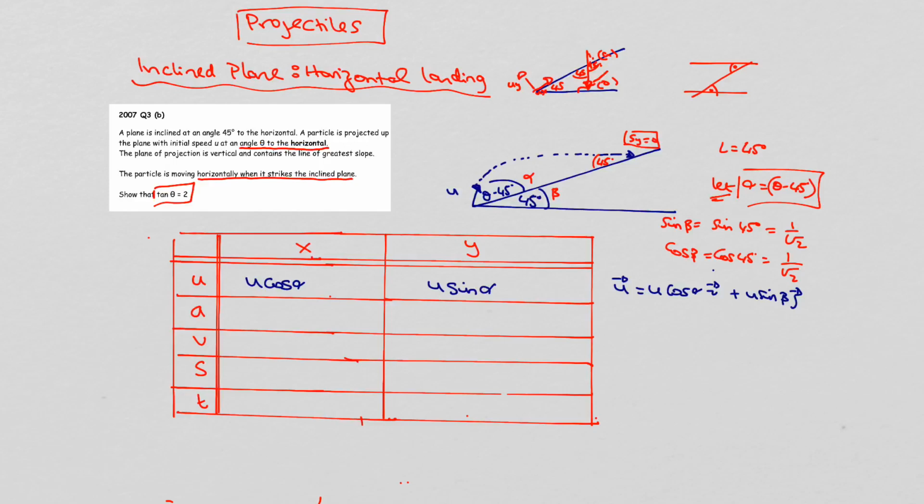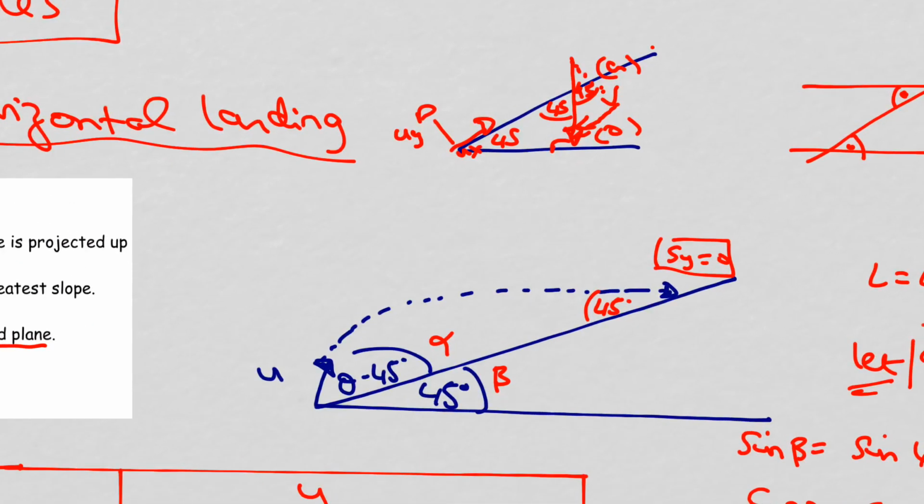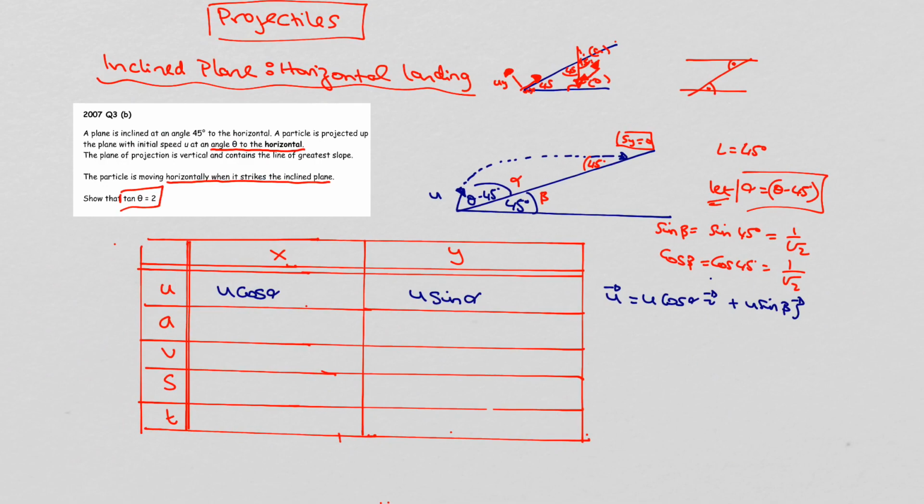So g is coming down in the opposite direction for the x and the y. If we zoom in, you can see the direction of gravity is down, opposite to the y for u, and in the x direction, g is also going in the opposing direction to u. So both are negative for g.